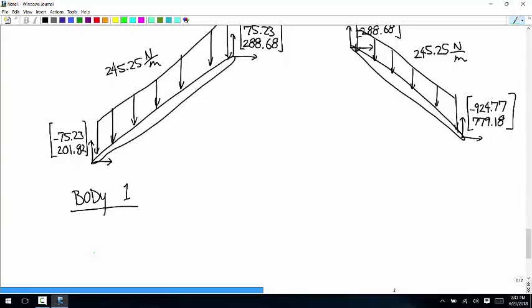And right now all of our vectors are in this coordinate system, but we want to switch it so that our coordinate system is like this. So that means using a rotation matrix that's rotated positive 30 degrees about the z-axis.